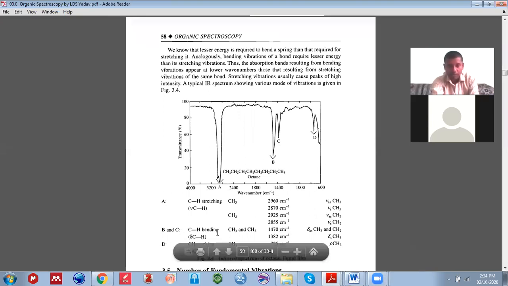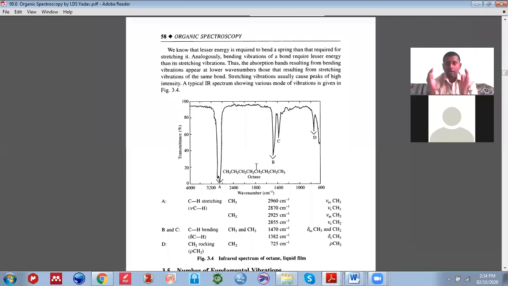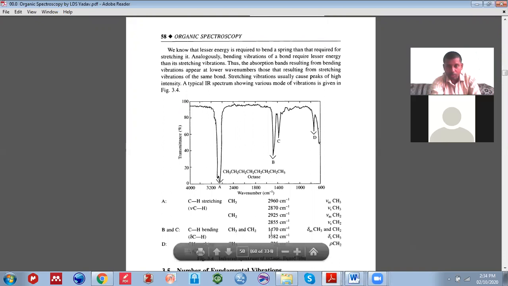In peak B, if we compare stretching and bending vibrations, stretching vibration has higher vibrational frequencies than bending. So here the bending cases are 1470 cm⁻¹ and 1382 cm⁻¹.